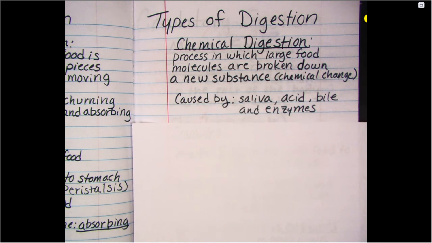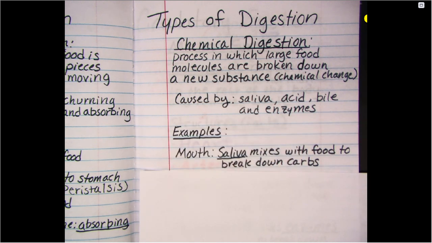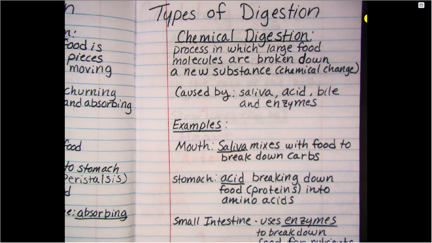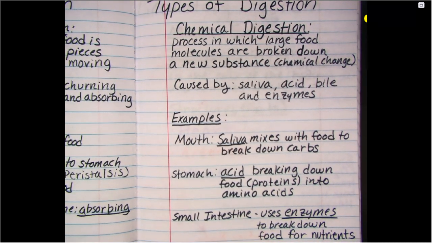And then the places that it happens in: saliva mixing with your food in your mouth to break down those carbs is an example of chemical digestion. Your stomach acid breaking down the food, and your small intestine using enzymes to break the food down.